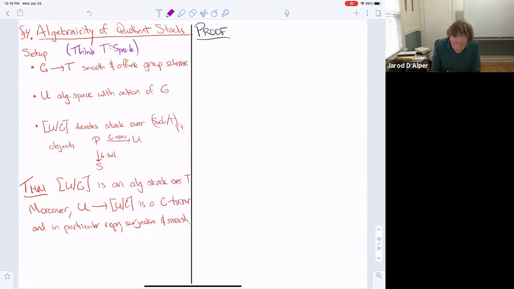Here, I'm taking U to be an algebraic space with an action of G. I've just introduced algebraic spaces, but this is defined exactly analogous to schemes. If you want, you could just think of U as a scheme.